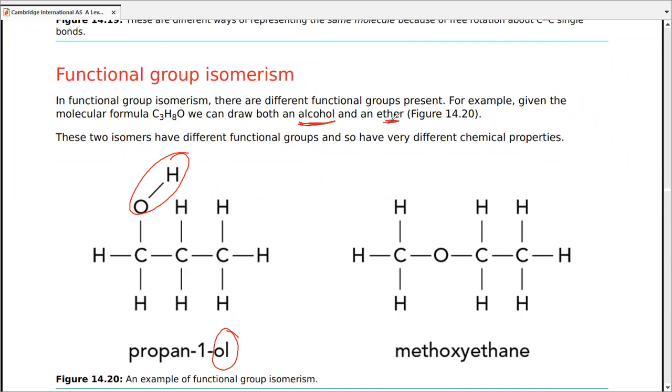But the other one on the right-hand side is an ether, which is basically an oxygen bonded between two different carbon chains, a carbon chain on the right and a carbon chain on the left, and it's named by writing oxy between both chains, meth and eth with oxy between them: methoxyethane.